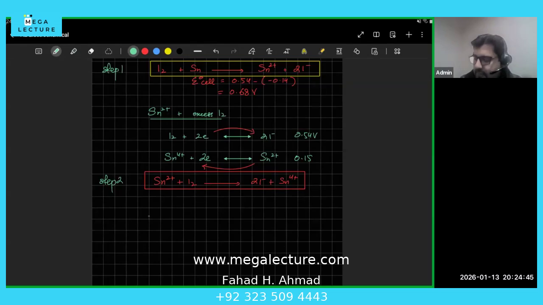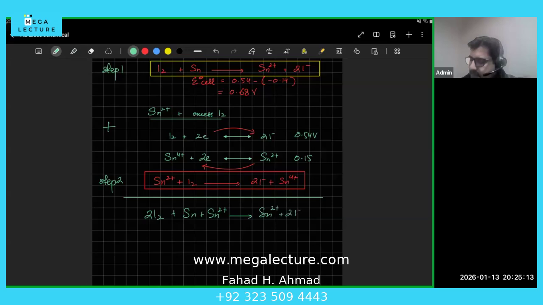So if you add, it's going to be two iodines. If I add both steps, it's going to be step one plus step two, right? So two iodines plus Sn, and at the bottom there's Sn2 plus. And the product is, in the upper one, Sn2 plus and 2I minus.